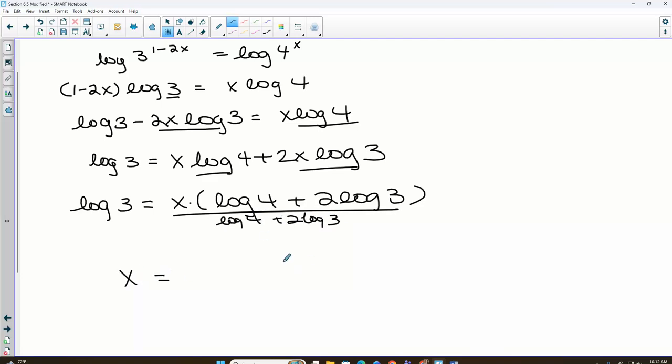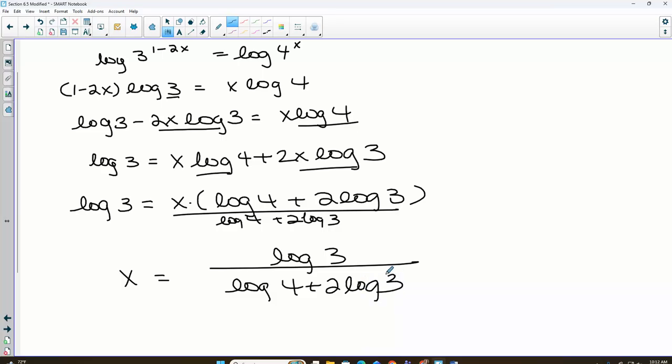So we should get log 3 over log 4 plus 2 log 3. If I plug that in to get a decimal approximation, I get 0.307.